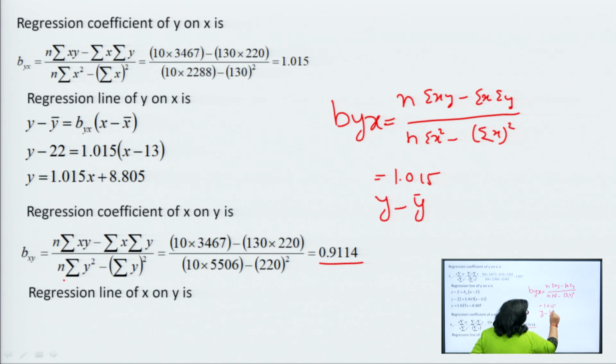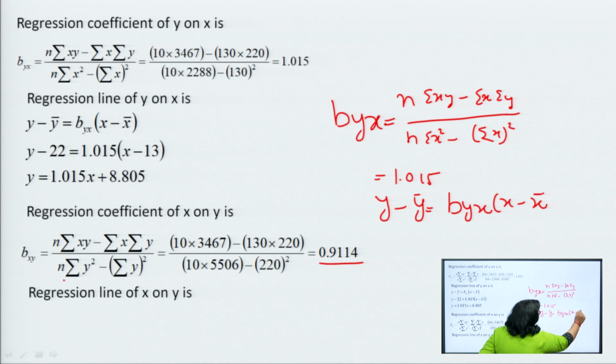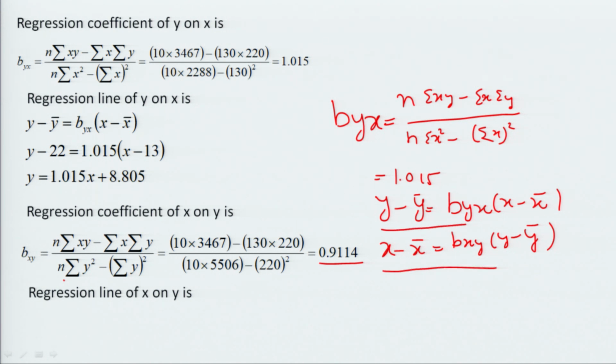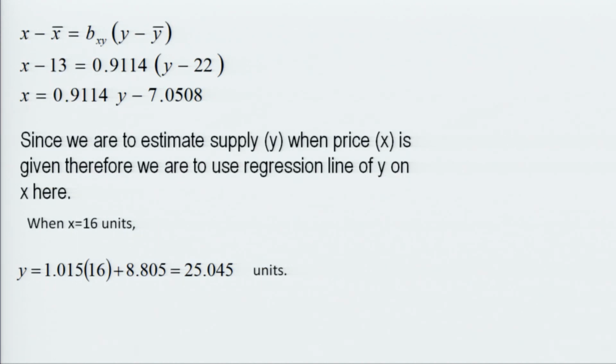Y on x is y minus y bar equals byx times x minus x bar, and the second is x minus x bar equals bxy times y minus y bar. Putting the values of y bar, x bar, byx, and bxy, we get the two lines of regression. The first is y equals 1.015 x plus 8.805, and the second is x equals 0.9114 y minus 7.05.